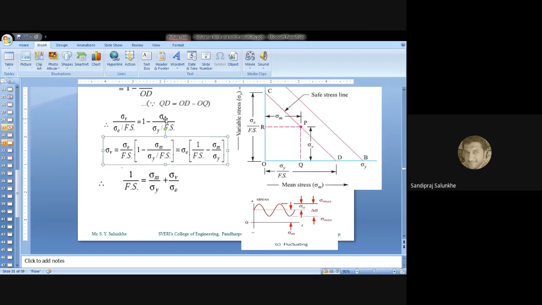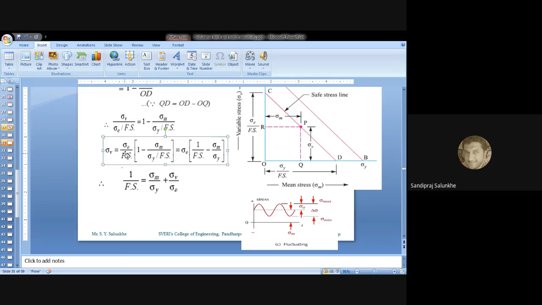Sigma E, that again we can take common, and we will solve this equation for sigma v. So we are going to take it to the other side and we get sigma v equal to sigma e divided by factor of safety into bracket 1 minus sigma m divided by sigma y, that is the yield stress, divided by factor of safety.